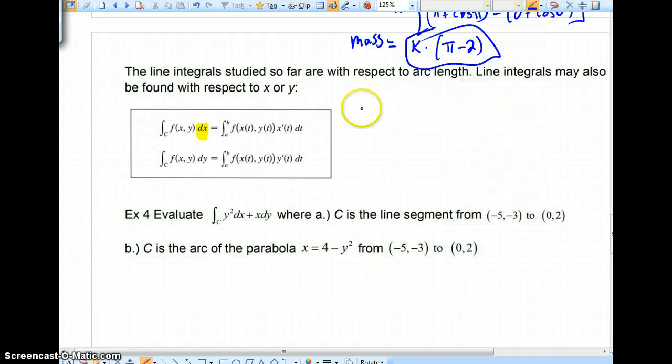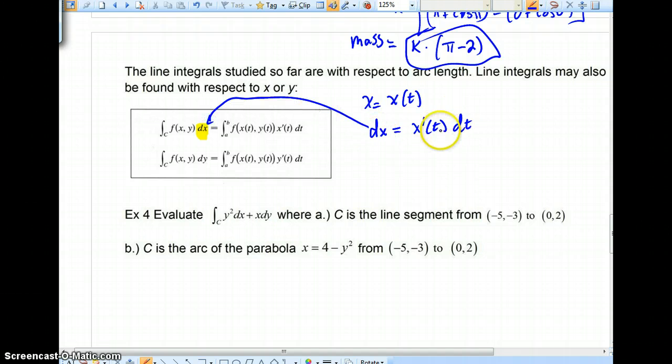Well, remember that x was always equal to some function of t. So if I took a derivative with respect to t, I'd have dx is equal to x prime of t dt. So this dx is going to get substituted right over here with x prime of t dt.